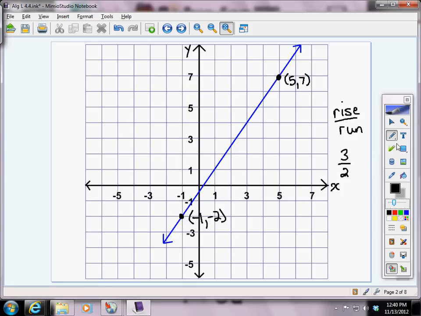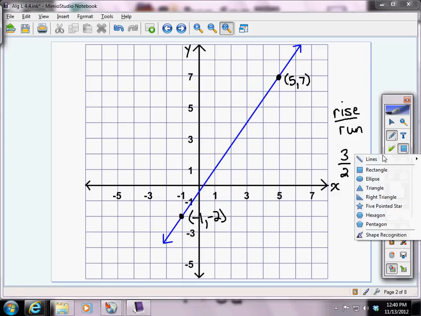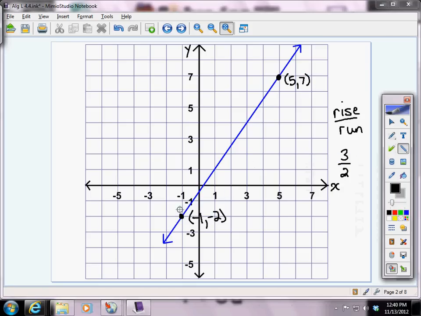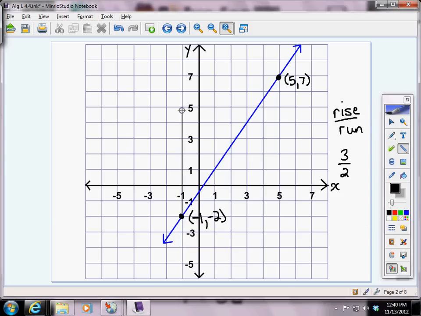If we're going to talk about rising, from here we go up 1, 2, 3, 4, 5, 6, 7, 8, 9. And we're going to run, go over 1, 2, 3, 4, 5, 6. So we rise 9, go over 6.